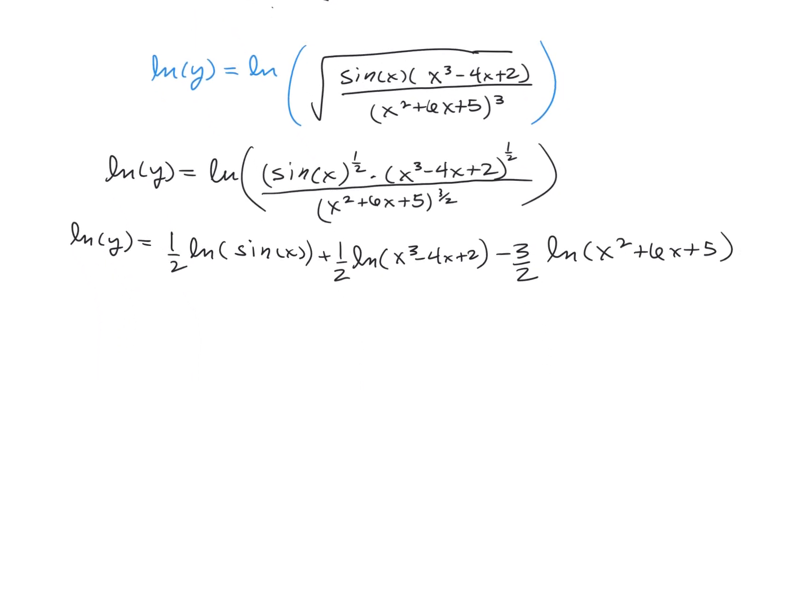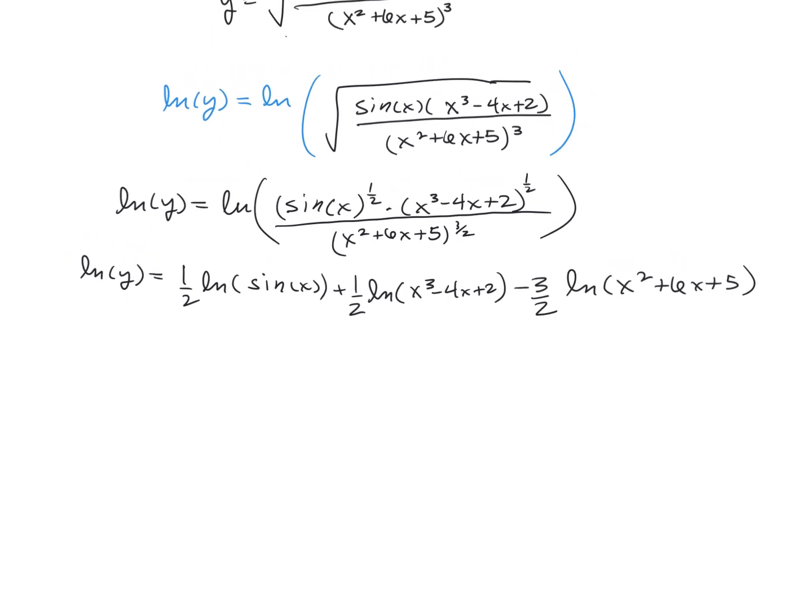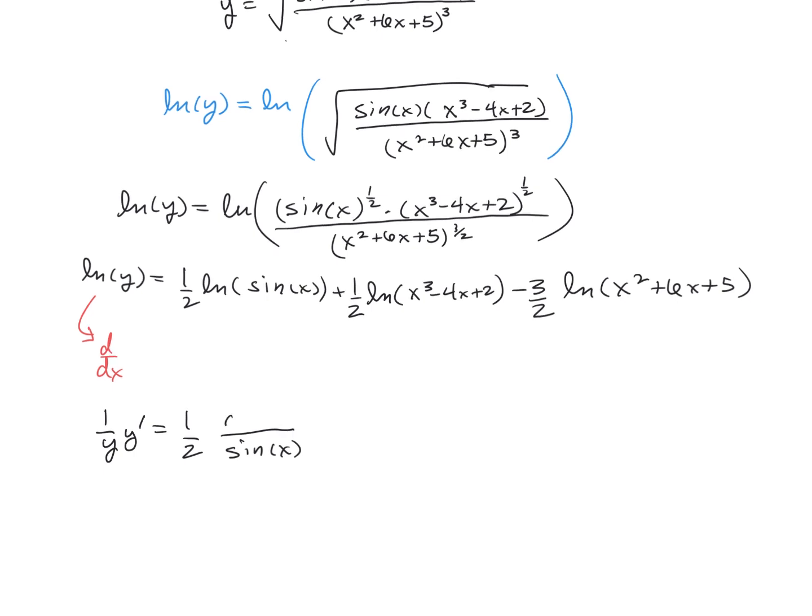We can now take the derivative of both sides of this. Again, we're taking the dx of both sides. In doing so, we're going to have 1 over y times y prime. And then we're going to have 1/2. And we're going to have the sine of x down below and its derivative upstairs, which is the cosine of x, plus 1/2.